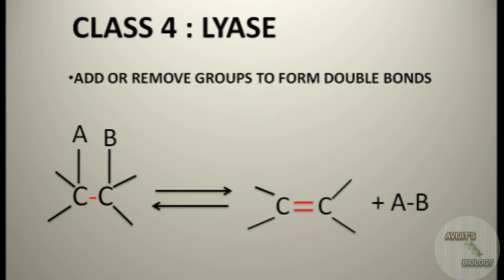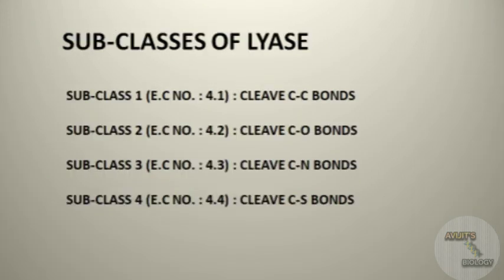The class lyase can again be divided into 7 subclasses. From these 7 subclasses, I have discussed the first 4 subclasses. The first subclass, that is the enzyme commission number 4.1, includes the lyases that cleave the CC bonds. The second subclass includes the lyases that cleave the CO bonds.